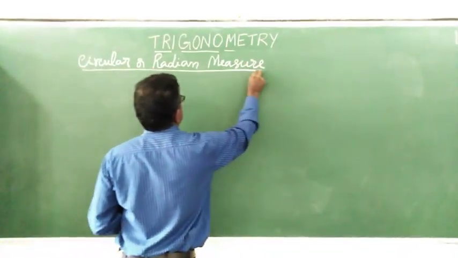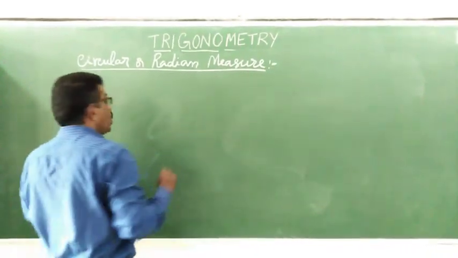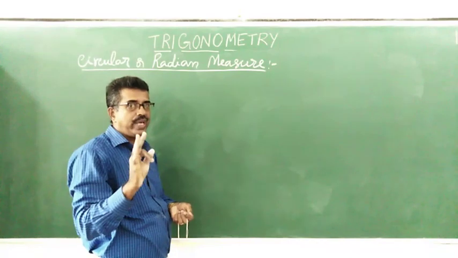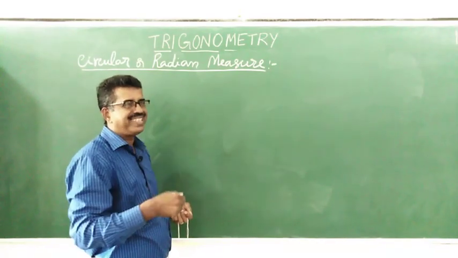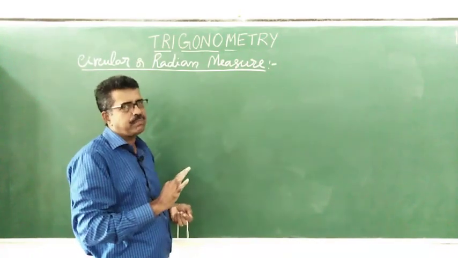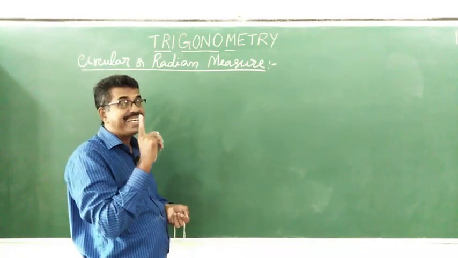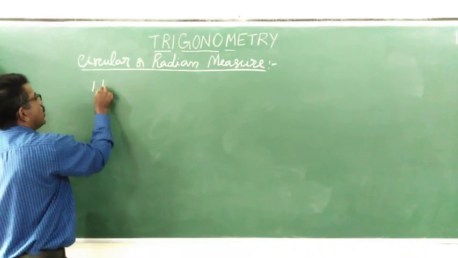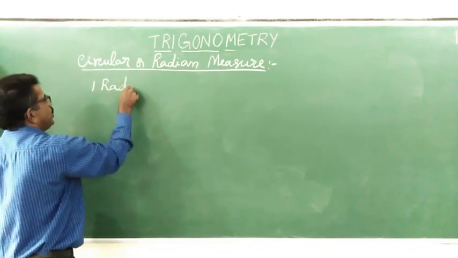So let me explain what the circular measure, what the radian measure is. With this we will wind up today, so that the rest of you do not find it a little heavy. This is a very simple concept. What is a radian? Actually, what does 1 radian mean? Okay, first let me explain with the diagram.